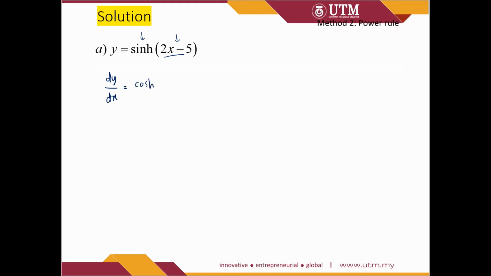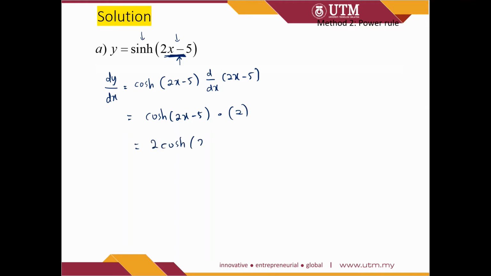It would be cosh, and we remain the function inside the sinh, so just remain 2x minus 5. But then, please remember to differentiate the inner function, which is 2x minus 5. So now we get cosh of 2x minus 5, and differentiating 2x minus 5 gives 2. So your answer is this, which is also the same as using the chain rule. So both methods are acceptable.